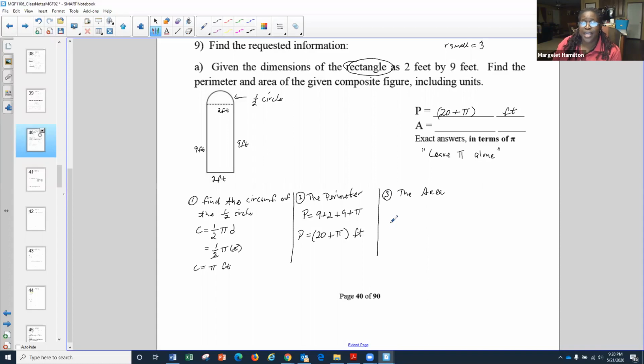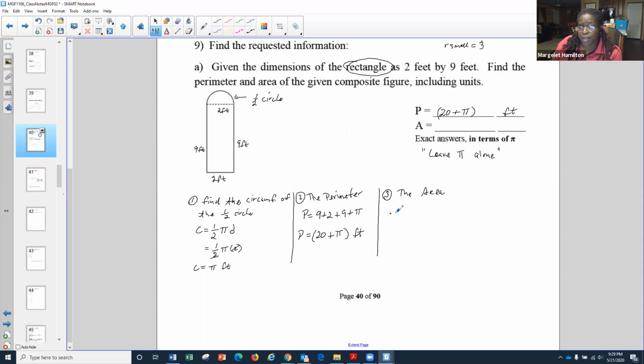Here we are finding the area. Now the area, again, we got to write our structure out, because why? We have two different things going on here. We have this rectangle that they told us about, and we now know we have this half circle that we have to find the area of. So let's write our structure.